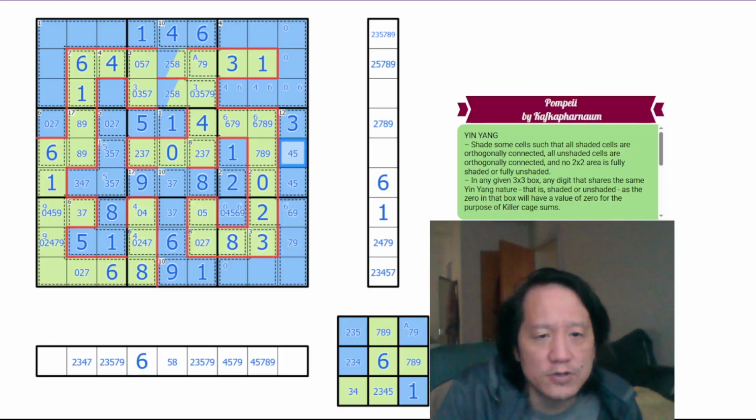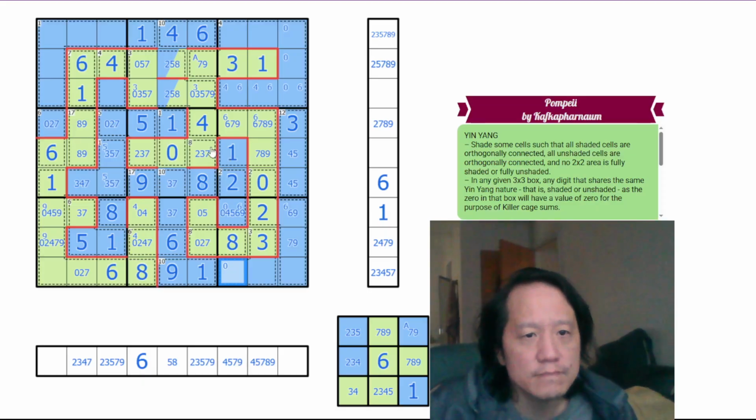This can't be 0 because that would be 0 in this cage. Yeah, I think I just made a bad assumption in one of these cages.